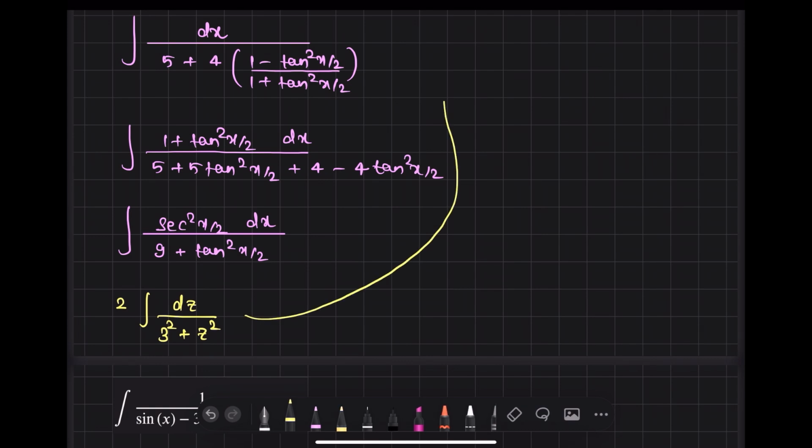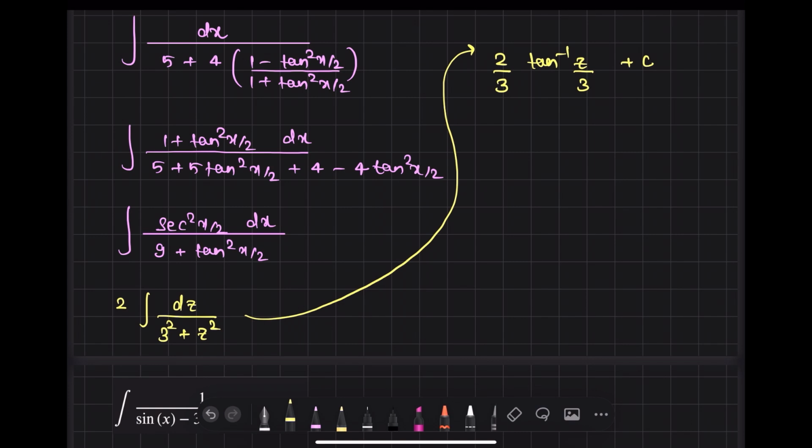So we can apply the formula over here as we are comfortable, because it connects us with tan inverse x by a. Okay, so what I'll do, 1 by a, so it is 2 by 3, a is 3, and then tan inverse x by a, x is z, a is 3 plus integration constant c.